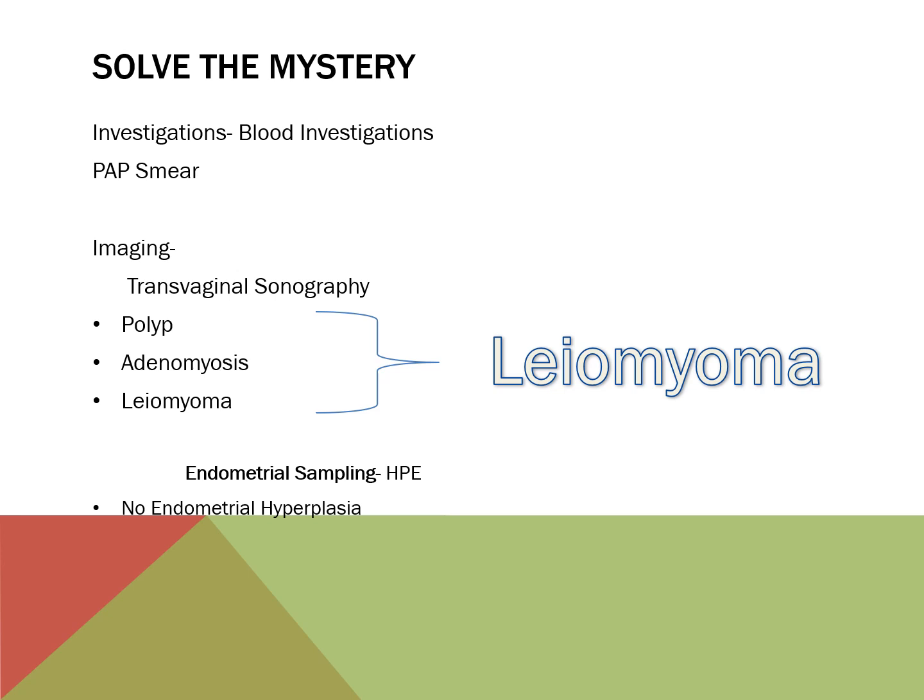That will obviously require some investigations, a pre-anesthetic checkup, anesthesia and hospital admission. But in any case, you can choose any of those methods, but a histopathology is definitely required to rule out endometrial hyperplasia. In this case, I get no endometrial hyperplasia. So I've solved the mystery that the patient is having abnormal uterine bleeding because of leiomyoma.